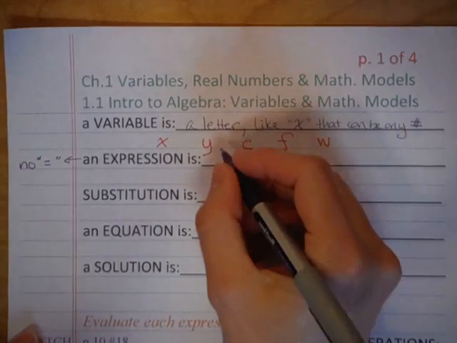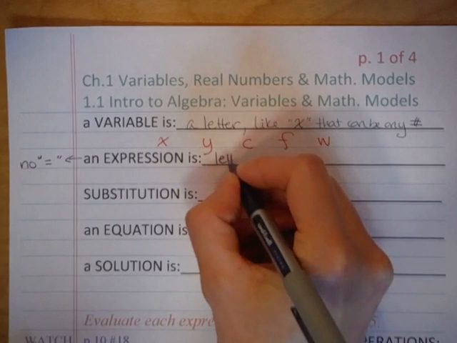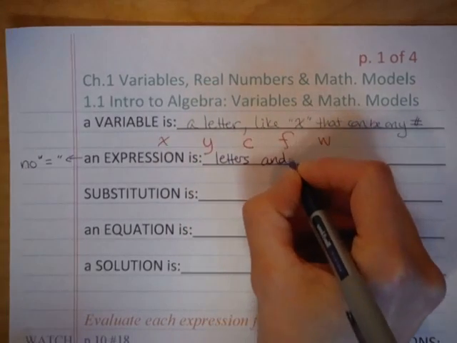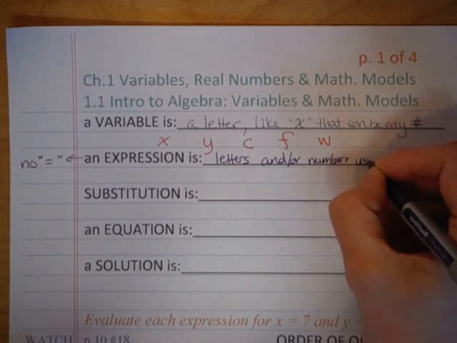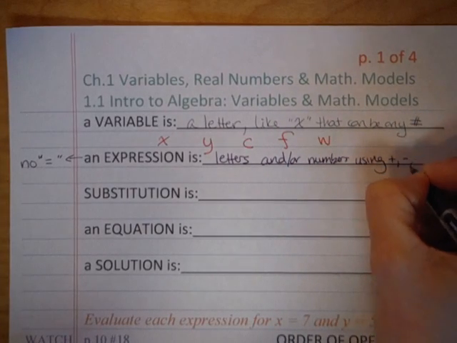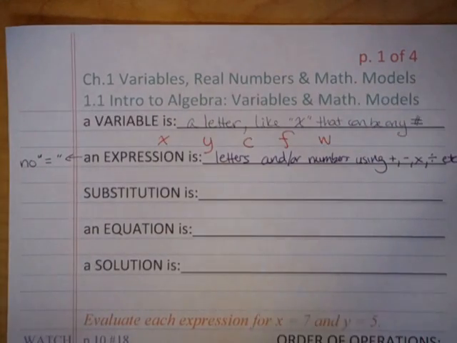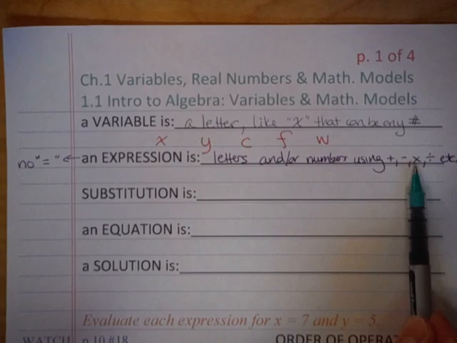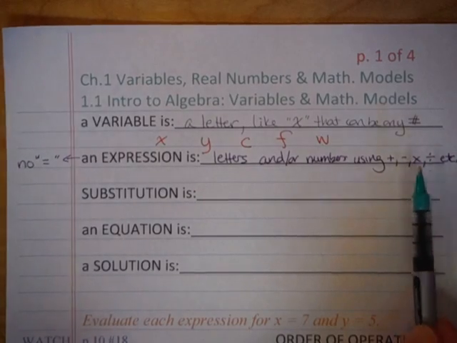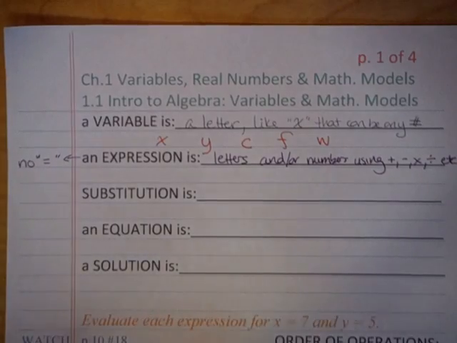But to be more specific, an expression is any combination of letters and or numbers using plus, minus, times, division, all the operations, any of those. Whether they actually use these symbols or maybe a fraction bar for division or parentheses for multiplication, any of those that are used to hold it together.